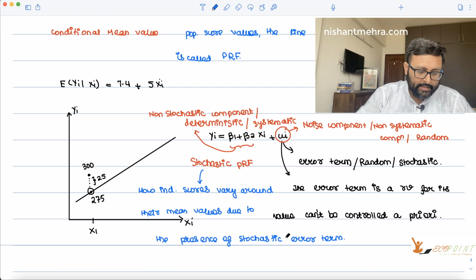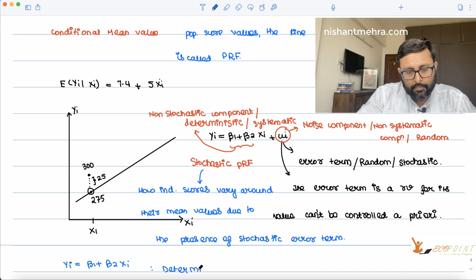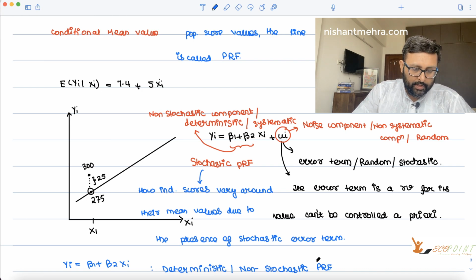And when you write the function without the stochastic term, this is called the deterministic or non-stochastic PRF, right?